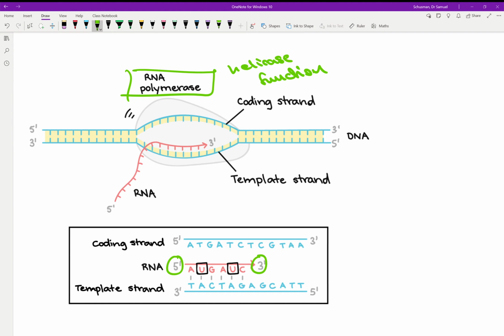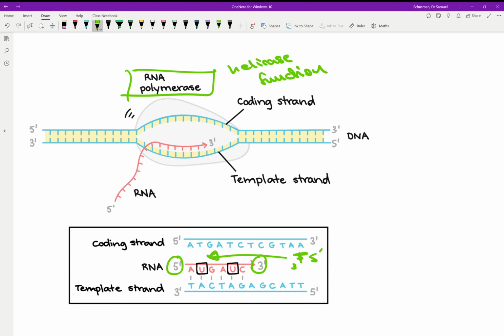And that's it. If it needs to go the other way, all it does is the RNA polymerase flips itself over. So it actually unzips it, and then you can form a 5' end here. So it just flips itself over, and then that's now the 5' end. This is the 3' end, and because it's got its own helicase, it just goes whoop the other way.